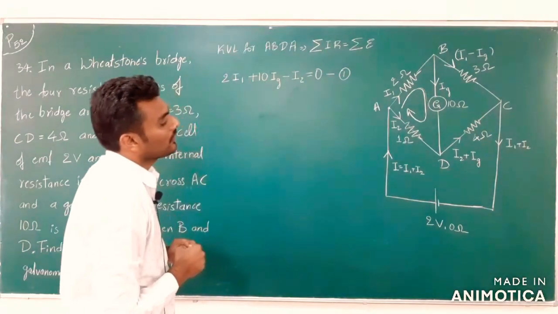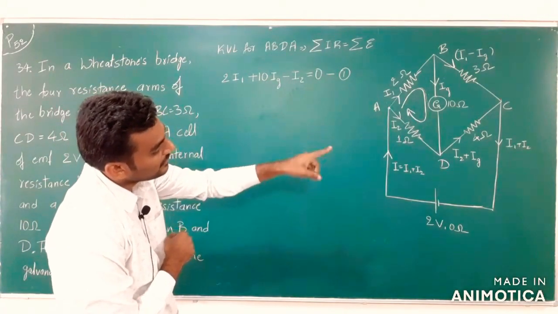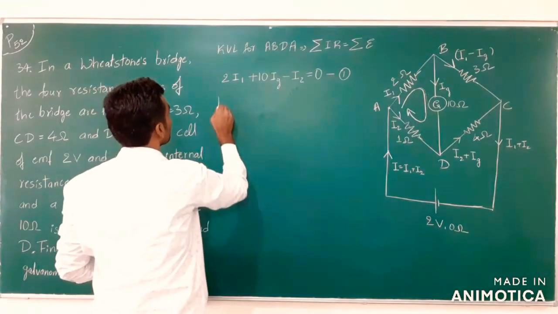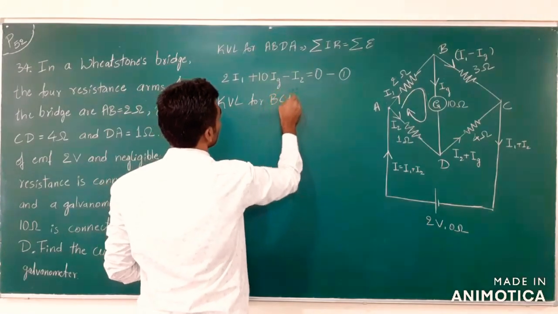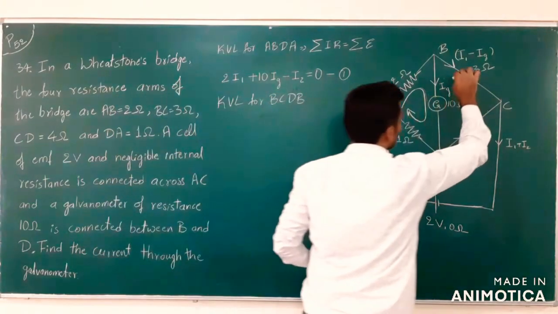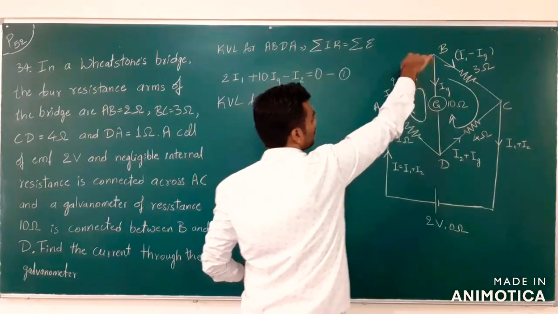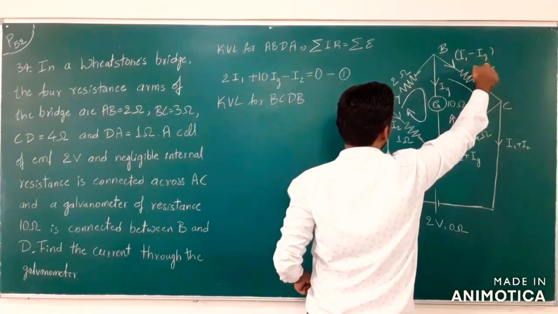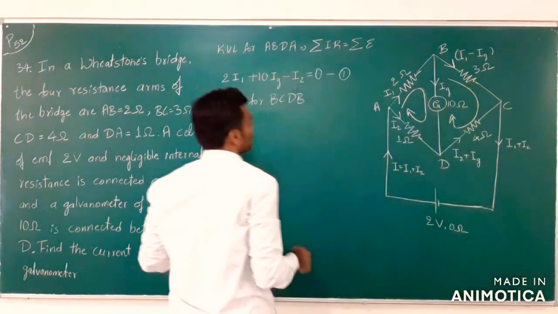Okay. Next, I will apply the KVL for the loop B, C, D, B. Okay. KVL for B, C, D, B, which I will start from B. Okay. From here, this is how I am going to apply the KVL. B to C first. I have current I1 minus Ig flowing in the same direction of my traversal through the resistance of 3 ohm.